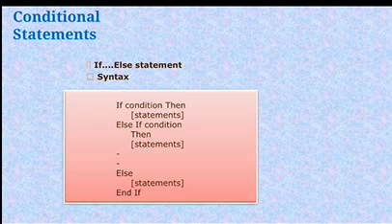Syntax: if condition, then statements, else if condition, then statements, and so on. You can write more than one statement as per our convenience, depending on the situation, and finally, end if.